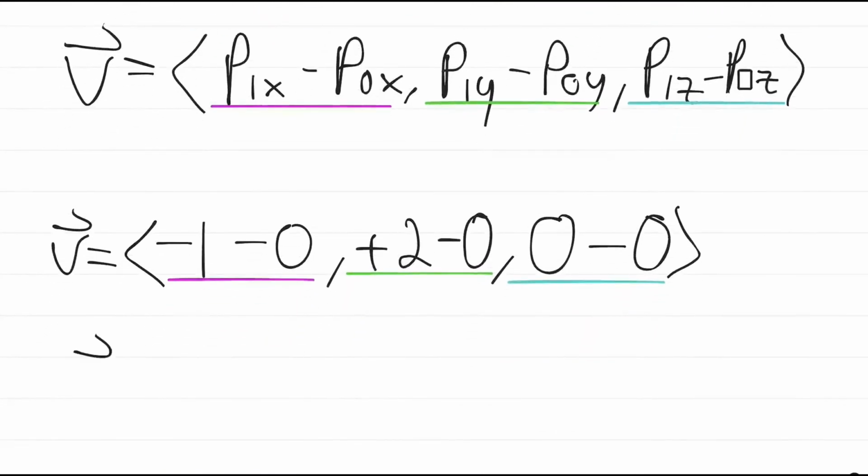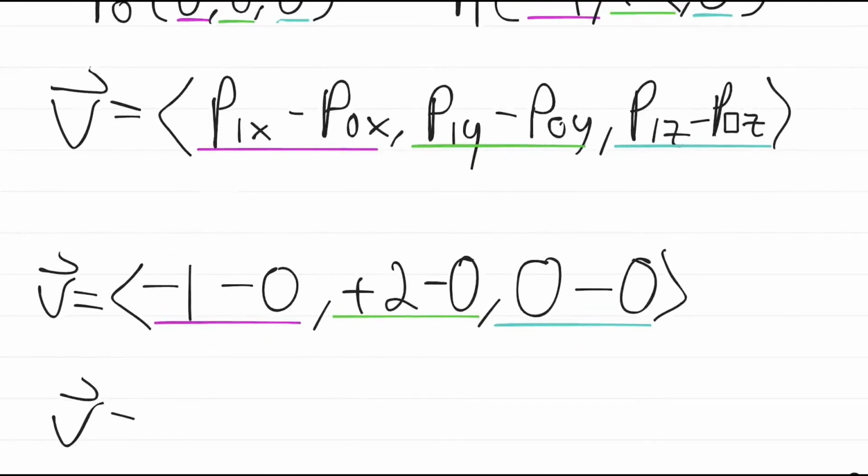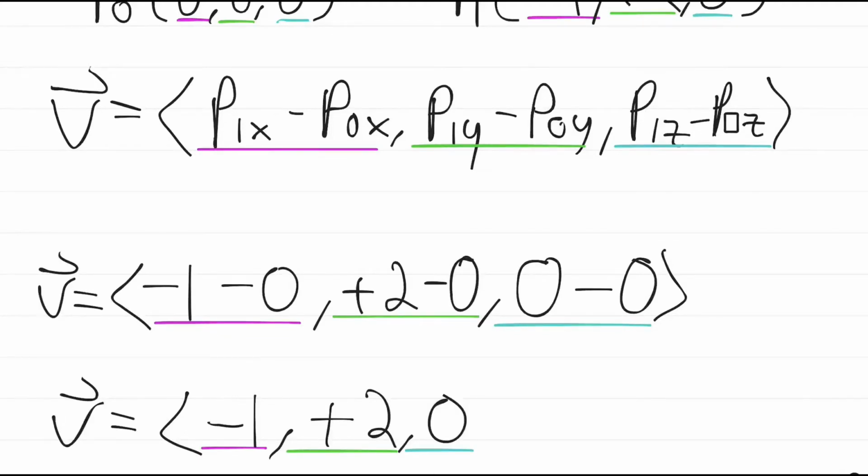And in doing so, our vector comes out to be -1 in the x, +2 in the y, and then 0 in the z. So now that we have a vector, we can move on to step 4.